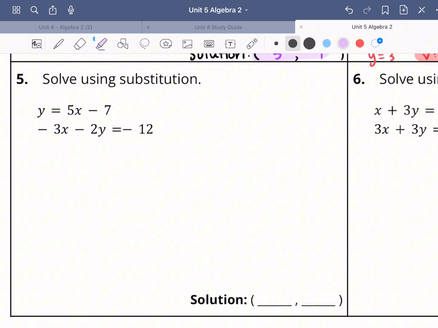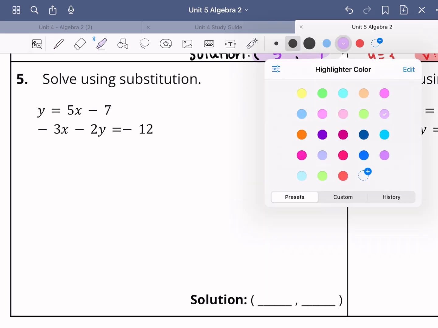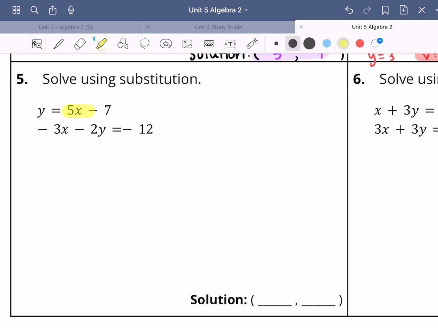With substitution, we are taking the y or the x from one equation and substituting it into the second equation. So in this particular one, the first equation is already solved for y. And so I think it'll be easiest if we just take the 5x minus 7 and substitute it in for y in the second equation.